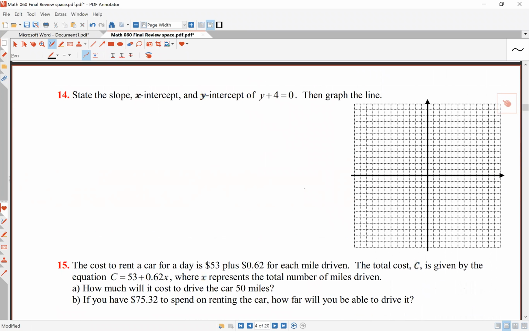If you have y plus 4 equals 0, then now we're looking at an OI. Horizontal lines have 0 slope and have the equation y equals a number.